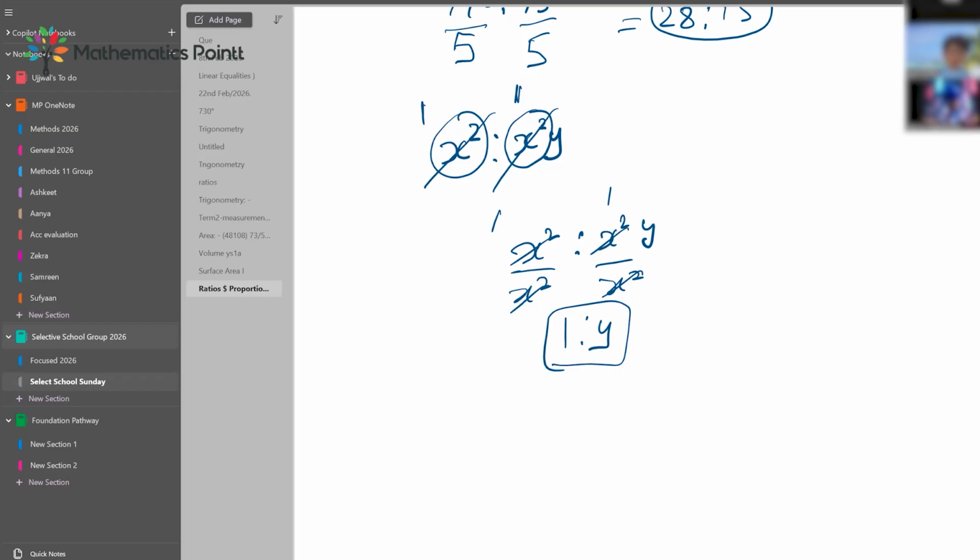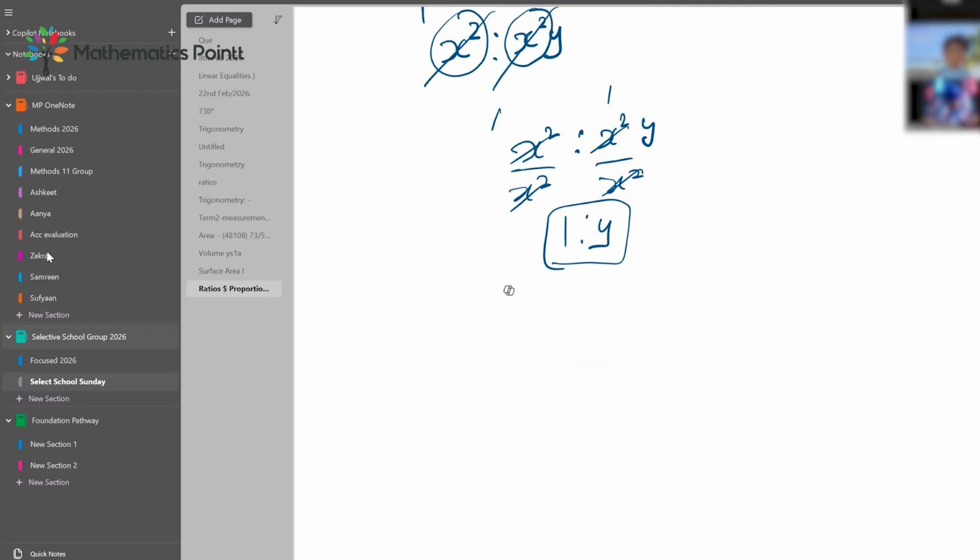Let's do another one where we mix numbers and pronumerals together, right? 10a square b ratio 15ab square.